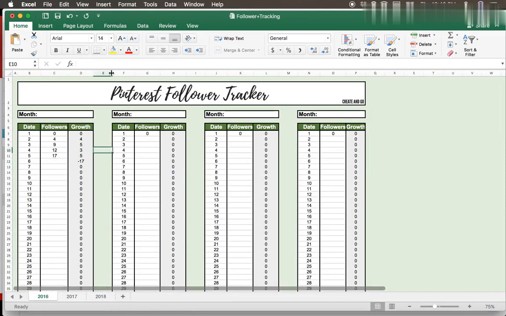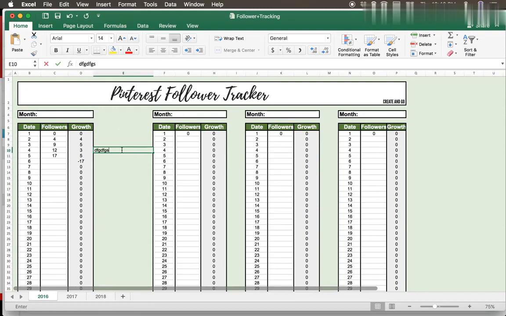What you can also do is widen this a little bit, and you can actually put some notes in here. So when I started using Board Booster, because it wasn't an API approved partner, I wrote in here started Board Booster, so that if I saw a really big dip in followers, I could know, okay, well, I started Board Booster that day. There may be a connection there.